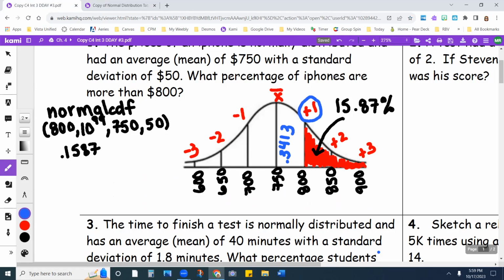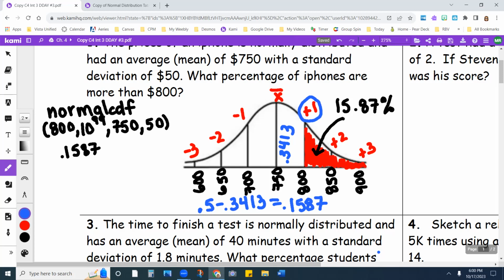The area under a normal curve is 1, and so that means it's 0.5 on each side. So if I'm using the table, I would take 0.5 minus 0.3413, and I end up getting the same 0.1587. So that's how I would do it if I was using the table.